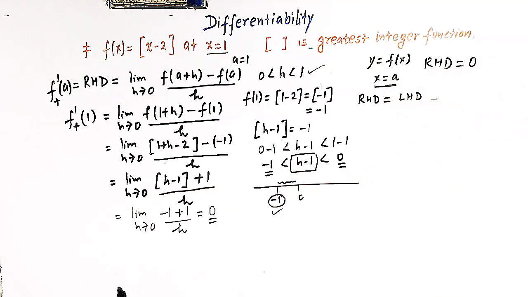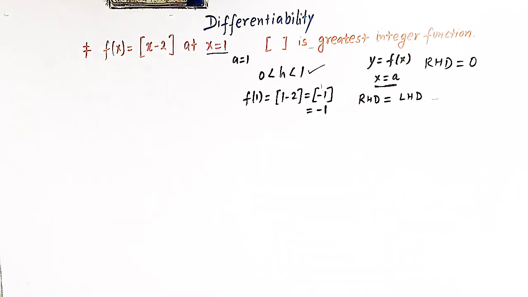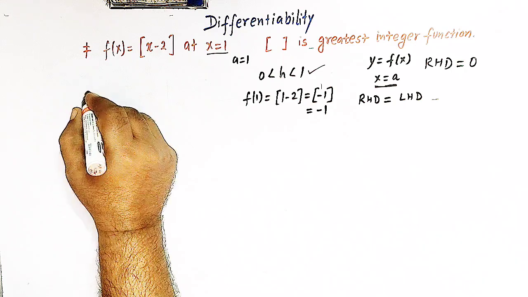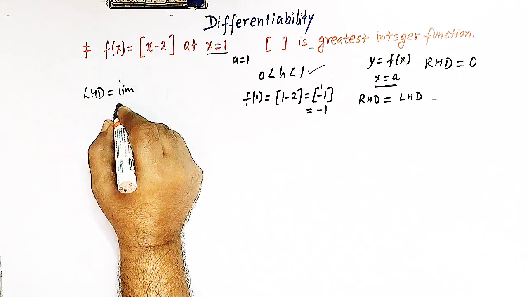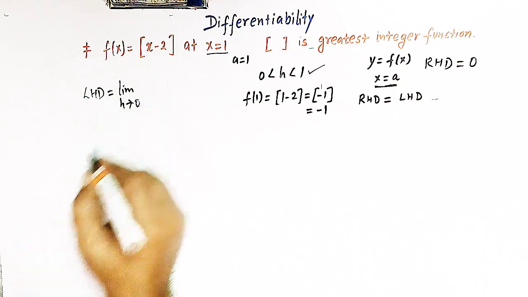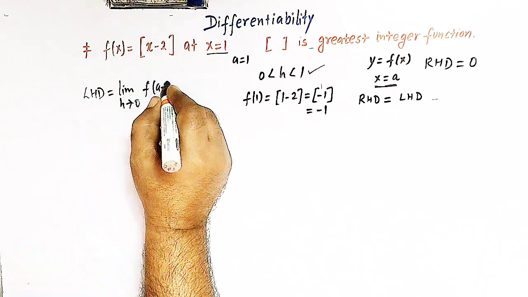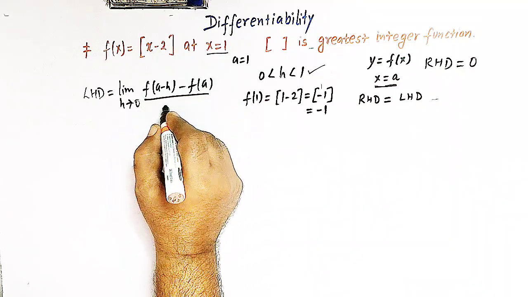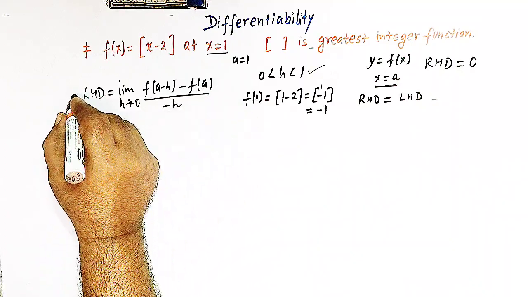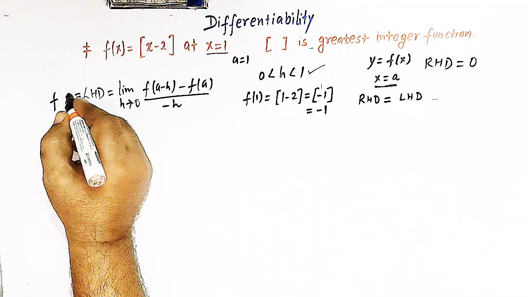Now let us find out the left hand derivative. The definition of left hand derivative is given by the limit h tends to 0, of f of a minus h minus f of a divided by minus h, and the notation may be written like this.